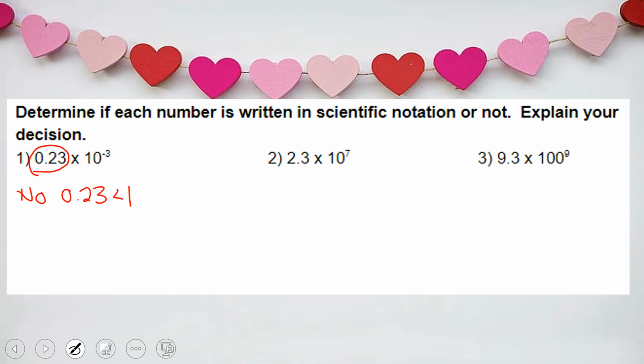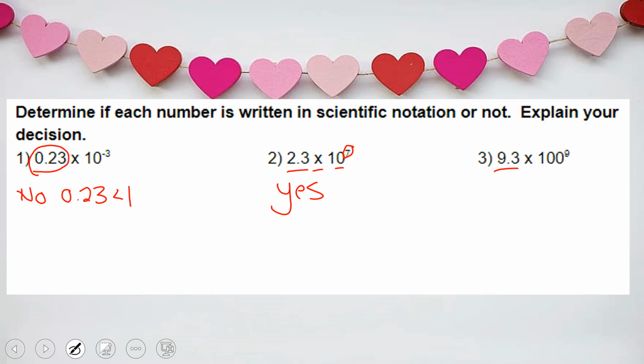So look at number 2. My A value is between 1 and 10. I have the X, I have base 10, and I have an exponent on base 10. So this one is in proper scientific notation. And in number 3, at first glance, we go, well, 9.3 is between 1 and 10.